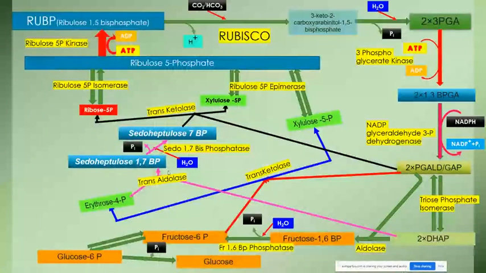Wherever phosphate is removed by phosphatase, you need to add one water. And wherever ATP is there, you must need magnesium, and wherever phosphate is removed, you must need water. So today all of you have to read the cycle.